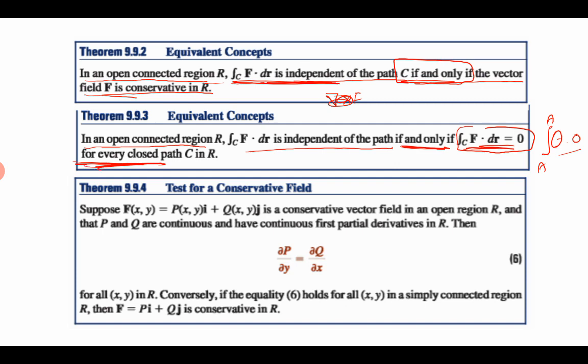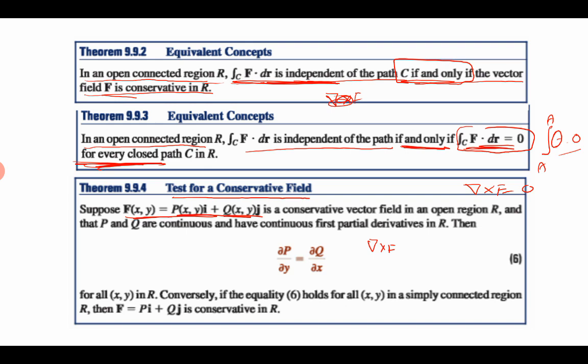And the test for a conservative field. We know a conservative vector field means del cross F should be 0. What is the formula for del cross F? We are considering a two-dimensional field, isn't it?